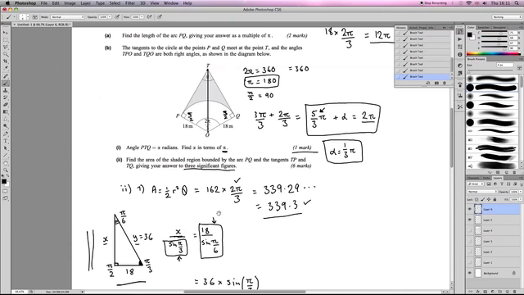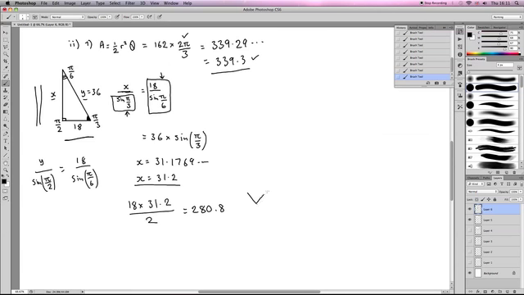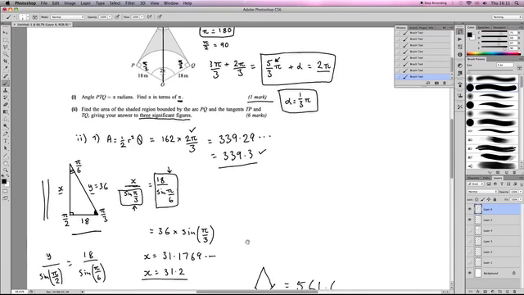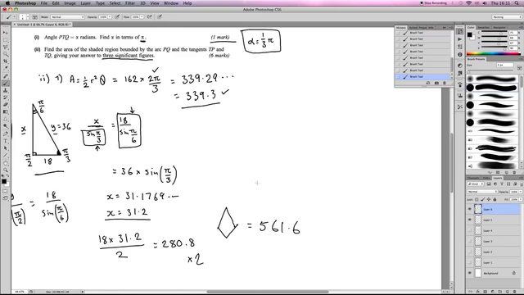I need to double it to find the area of this geometric shape called a kite. So if I times by 2, the kite is equal to this wonderful number, 561.6.